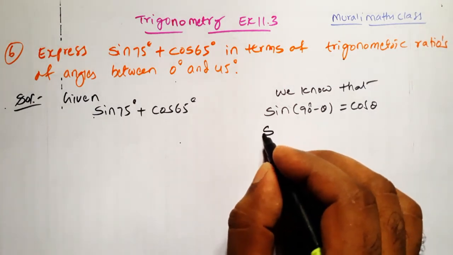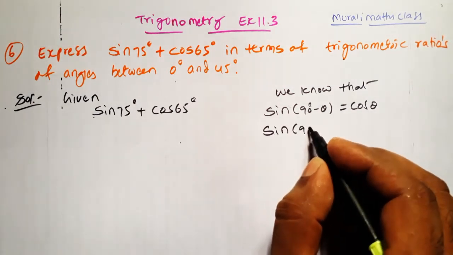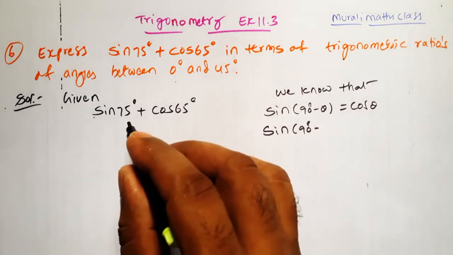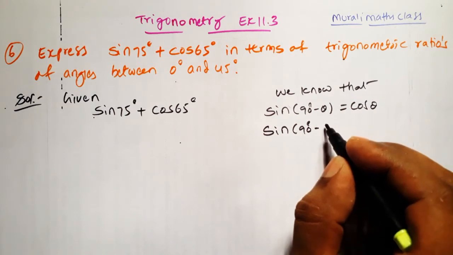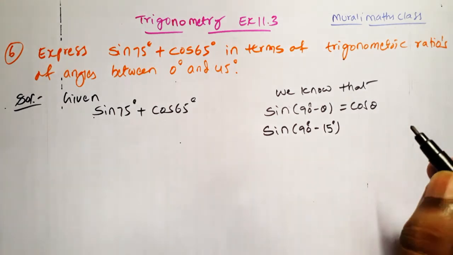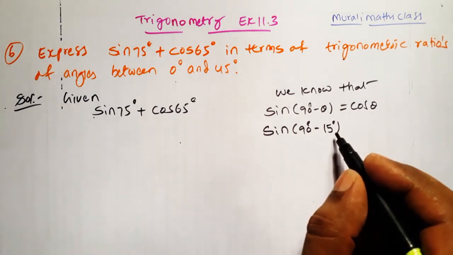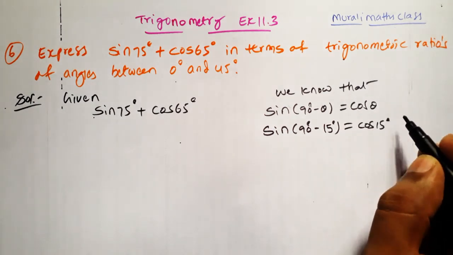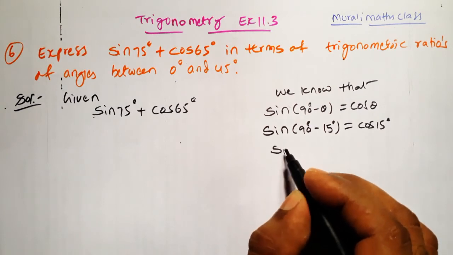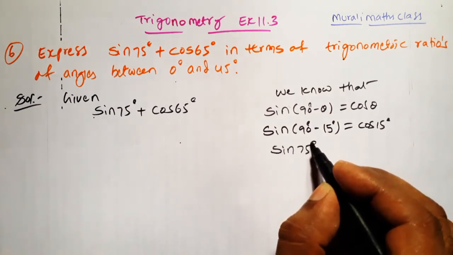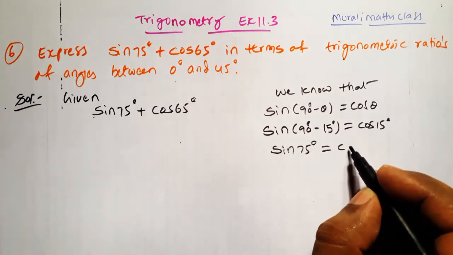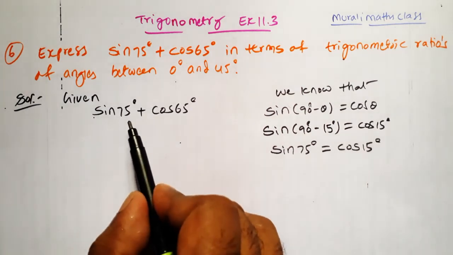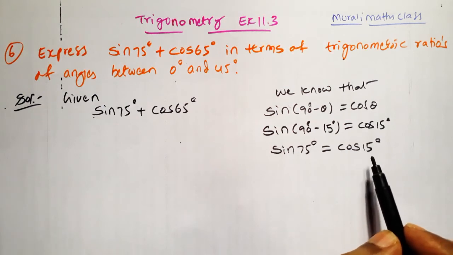That means sine 90 degrees minus theta. How much we have to substitute for getting 75? So I will substitute here 15 degrees. 90 minus 15, 75. Okay? Equals to cos 15 degrees. So this is what sine 75 degrees is same as cos 15 degrees. So in this place, sine 75 place, we can write this one. Cos 15 we can write.